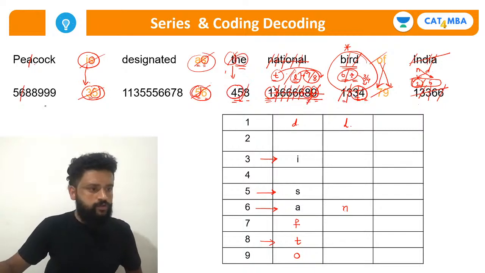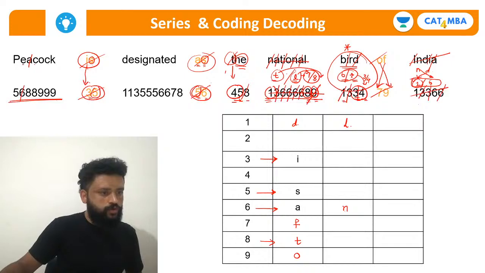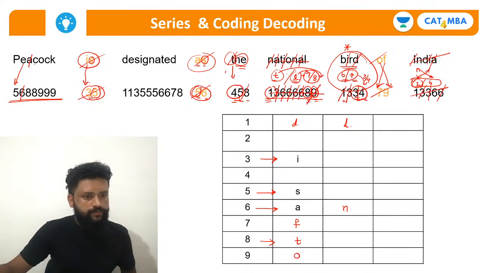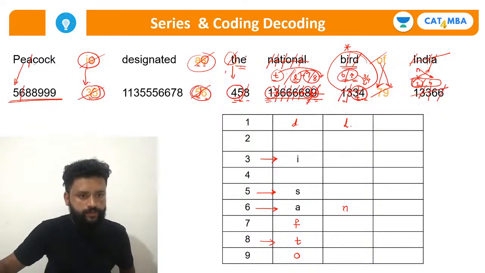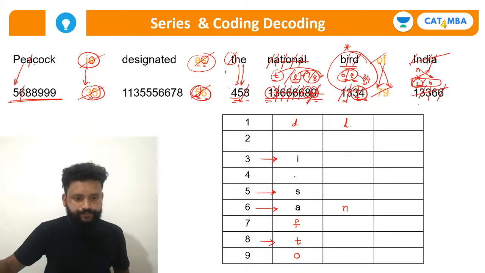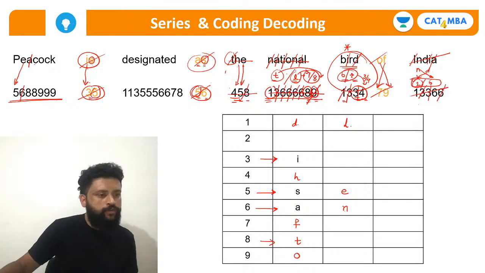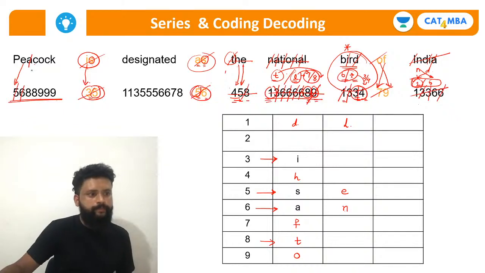Here there is no 4, so E must be 5. Right, Nicole? Have you understood this part? E must be 5 and H must be 4. Now E must be 5 and cancel.